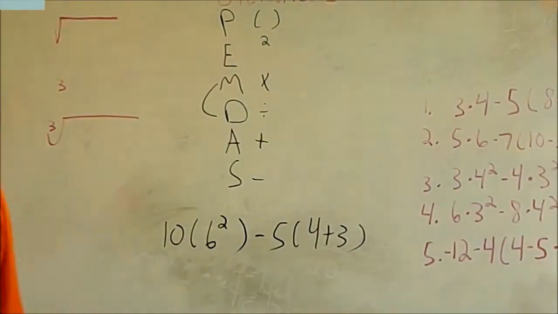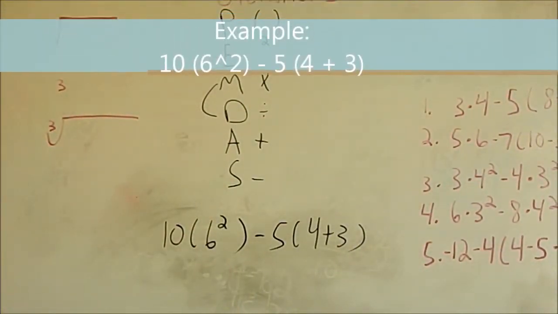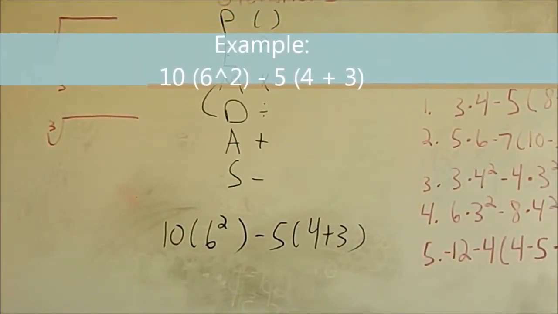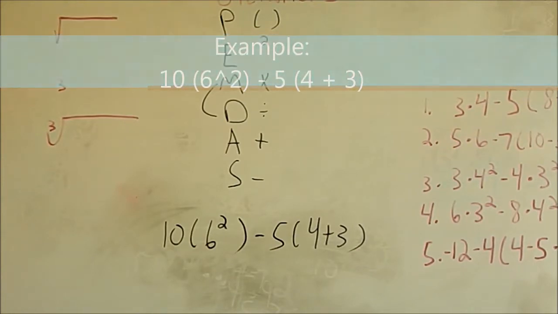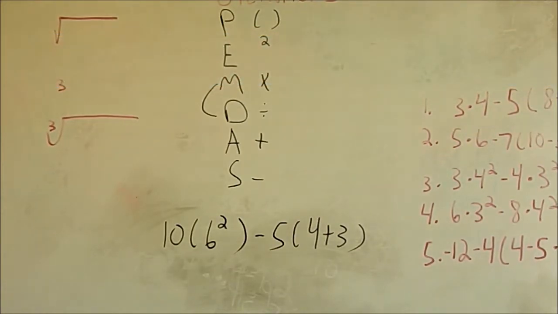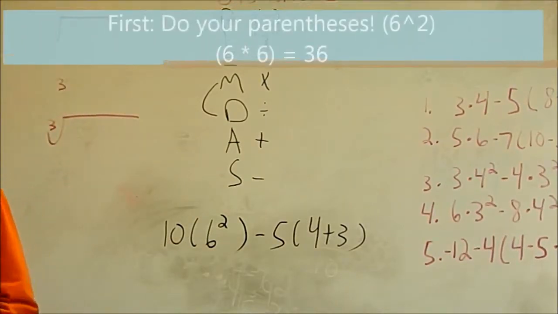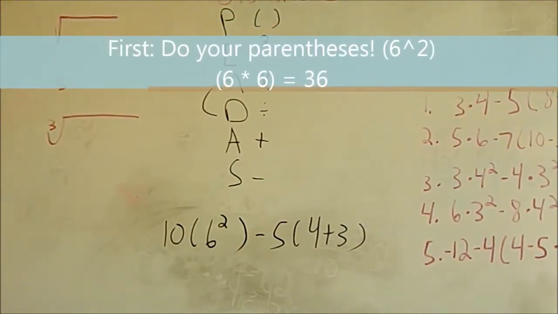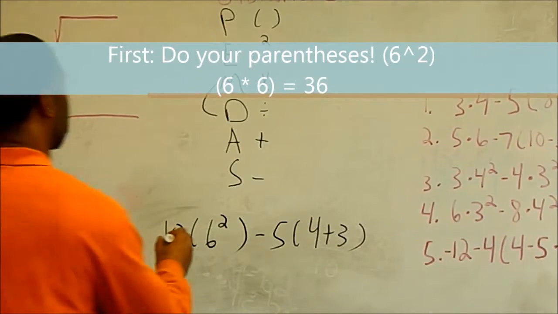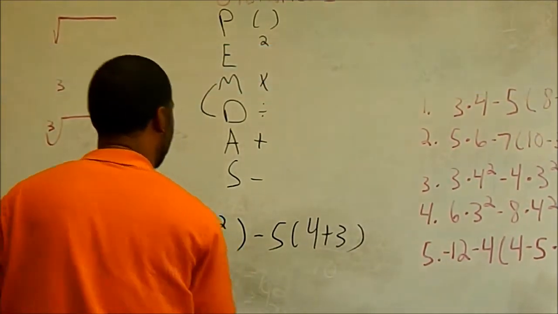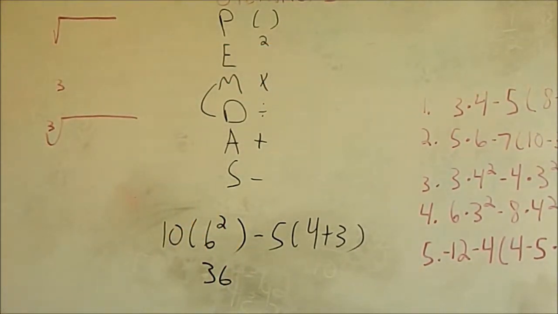Now, I do have two sets of parentheses, but just like in my other problems where I may have multiplication and division, with my parentheses I do the same thing. I go from left to right. So my first parentheses is 6 to the second power. What's 6 to the second power? 36. Now I can do the 4 plus 3.